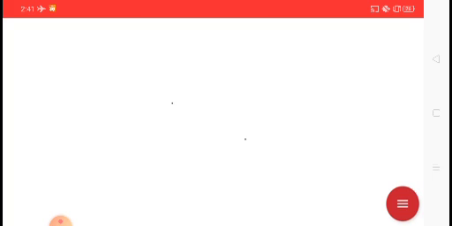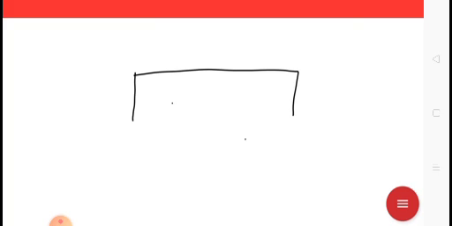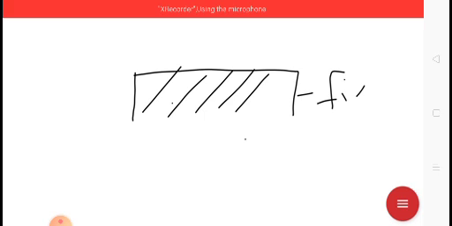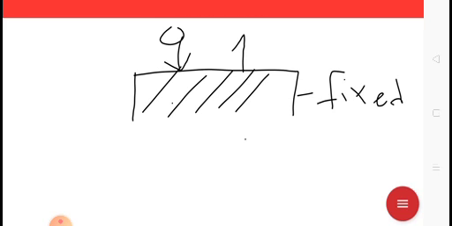If you have a situation with a fixed surface, a fixed wall, and a ball hits the wall with speed VA and then rebounds with speed VS, where A means approach and S means separate. The ball approaches the wall, hits the wall, and then separates.